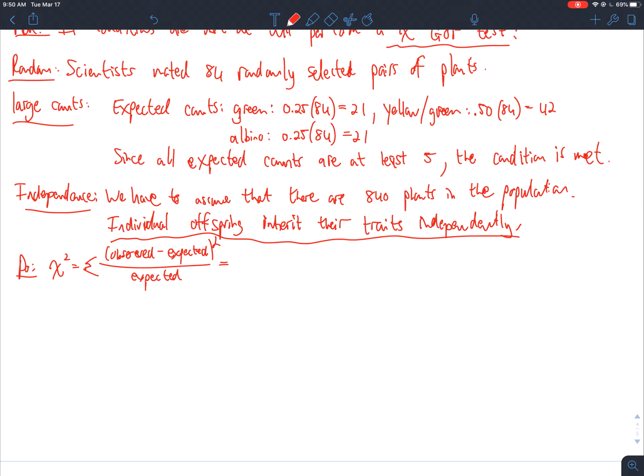And you would get this, 23 minus, I expected 21, over 21 squared plus, and since there's only 3, you should write all of them out, okay? There's no reason for you to do ellipses and stuff like this. Over 42. And then plus 11 minus 21 squared over 21.